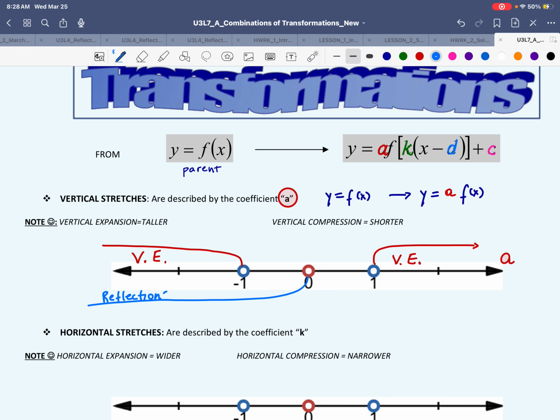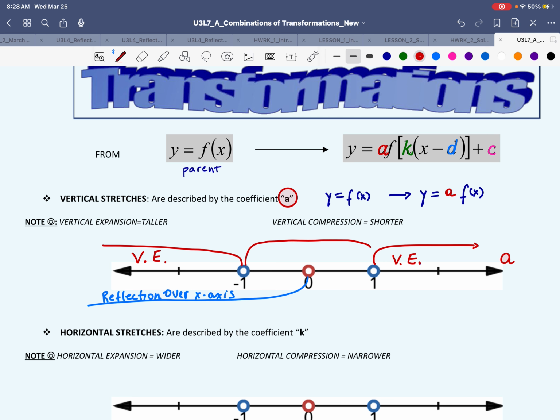Because when the value of a is negative, it means that we are reflecting the y values, and the reflection of the y values happens when we take the y values to the other side of the x-axis, and that's why we call it reflection over the x-axis.